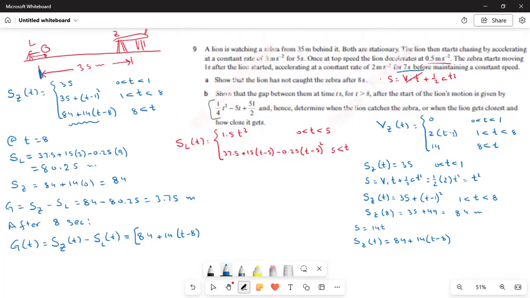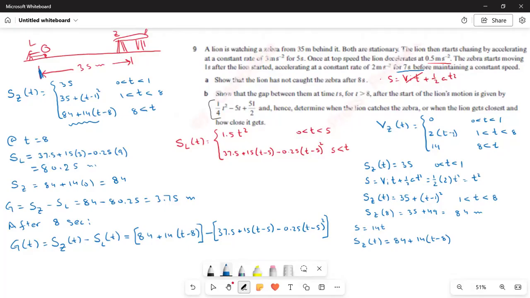From this expression, I need to subtract the distance of the lion, which is 37.5 plus 15 into t minus 5 minus 0.25 into t minus 5 squared. Pretty complex. So I have to simplify this expression, and that will give me the gap between the two animals as a function of time.